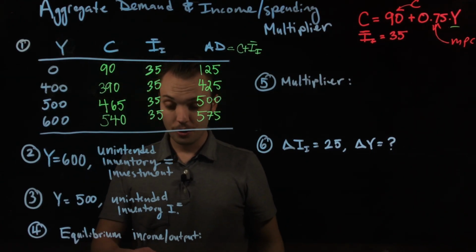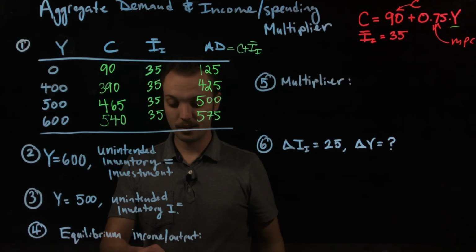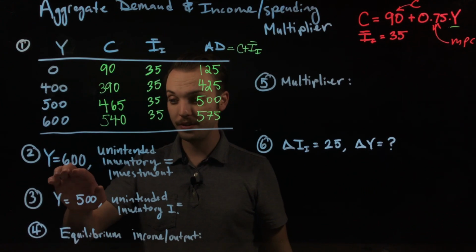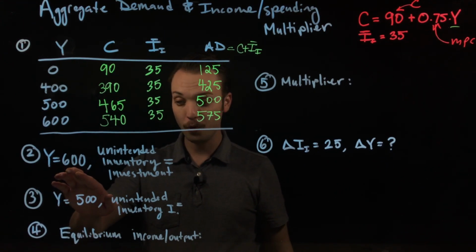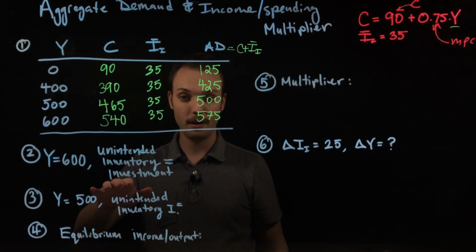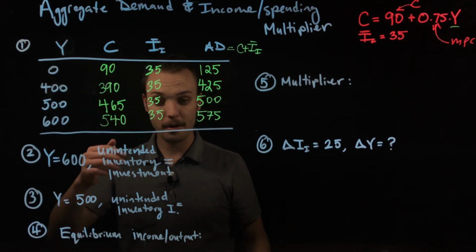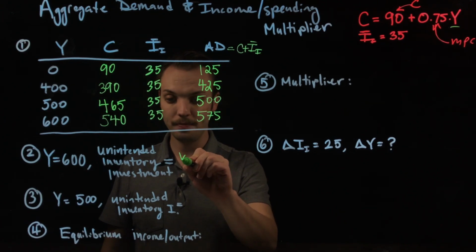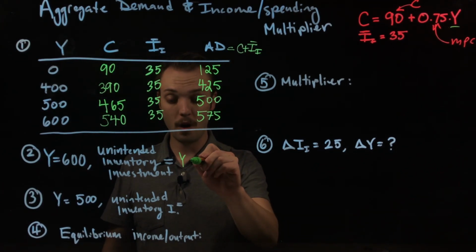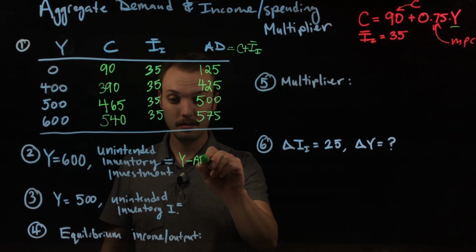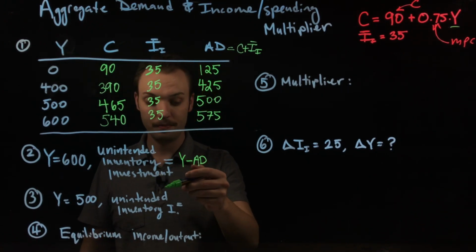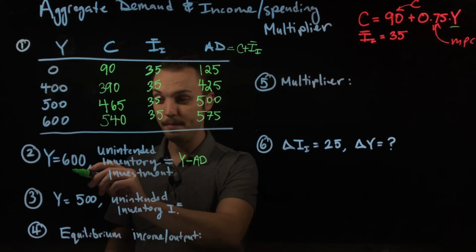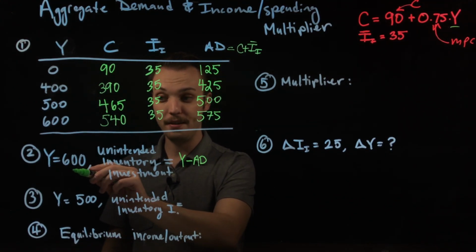Okay, so the next piece of the question asks, if for some reason income equaled 600, will there be any unintended inventory investment? If you remember, unintended inventory investment is just the difference between aggregate income Y and aggregate demand. So we can see that by subtracting the aggregate demand from income.